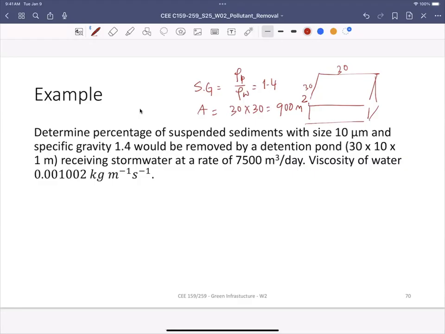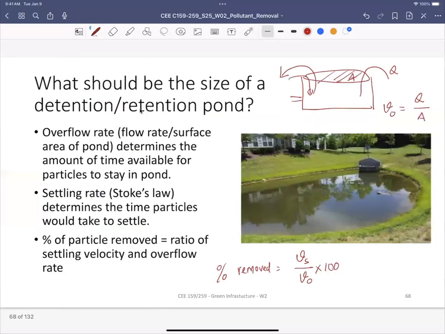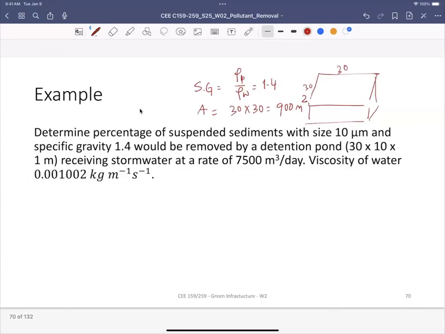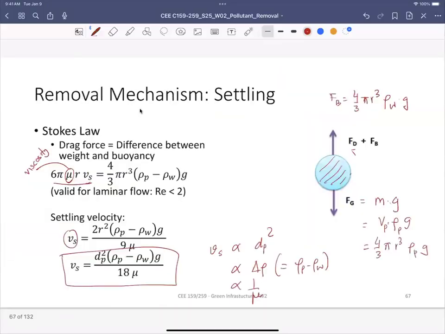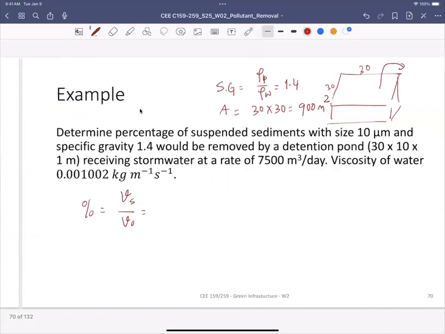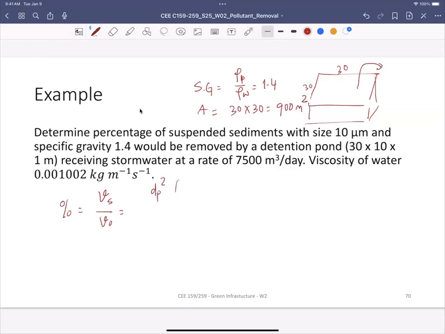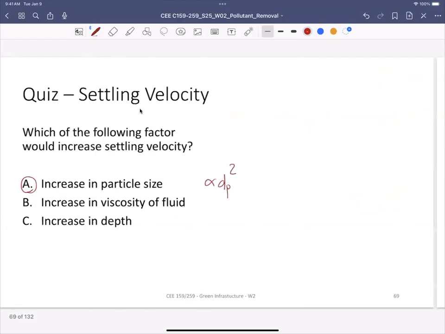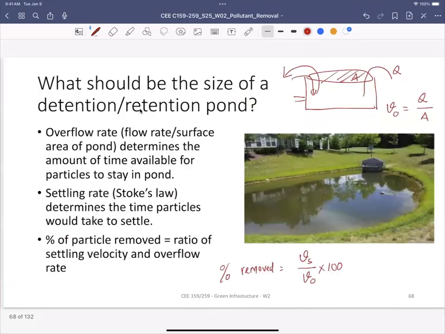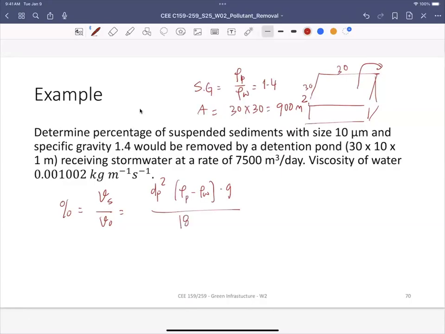Now the percentage of suspended sediments removed is based on the formula we just calculated. That's the settling velocity of the particles divided by the overflow rate. So the percentage removed is the settling velocity divided by the overflow rate. The settling velocity of a particle is dp squared times (density of particles minus density of water) times g, divided by 18 times viscosity.